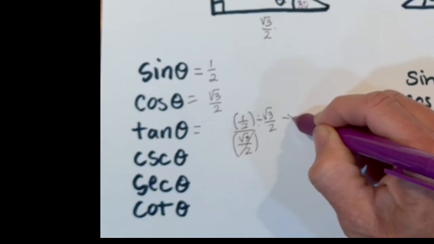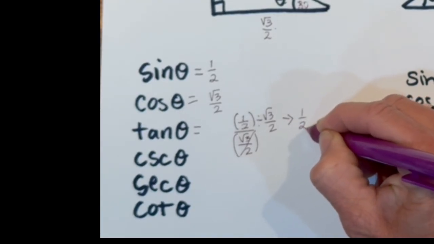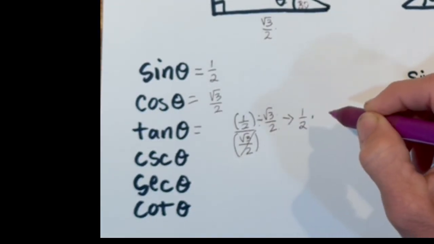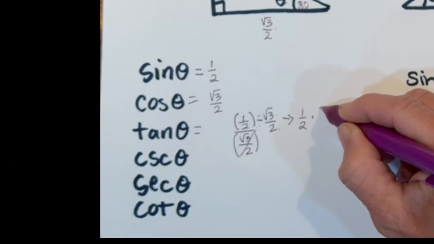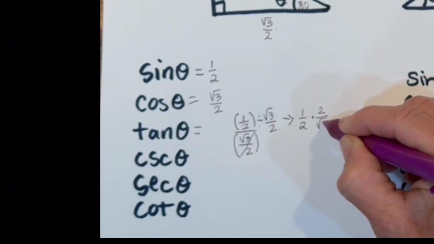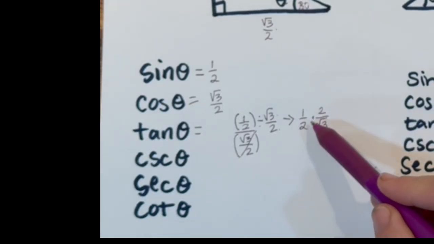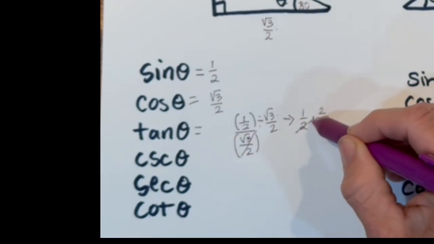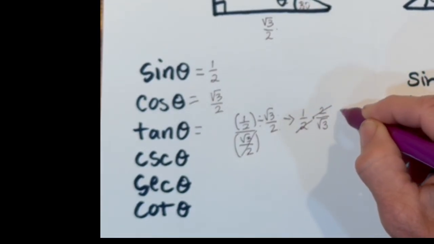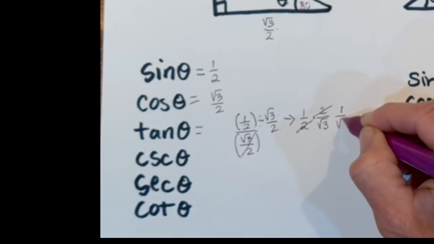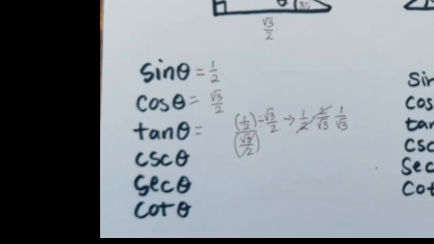And that's going to give me 1/2 multiplied by the reciprocal, 2 over rad 3. What we're seeing here is that these two are going to cancel, and I get 1 over rad 3.